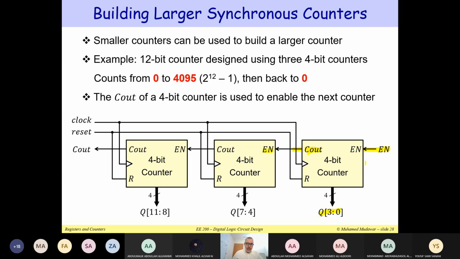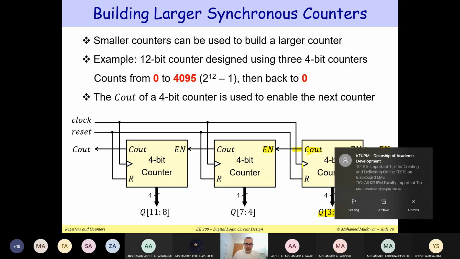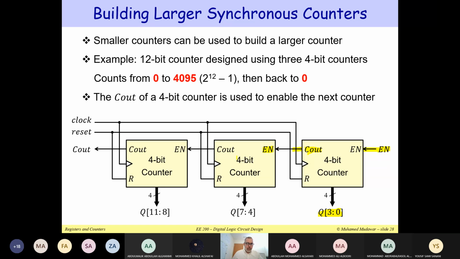So every time you count from 0 to 15, after reaching 15, you enable the next 4-bit counter. The next 4-bit counter is enabled once every 16 cycles, and then you go back to 0.